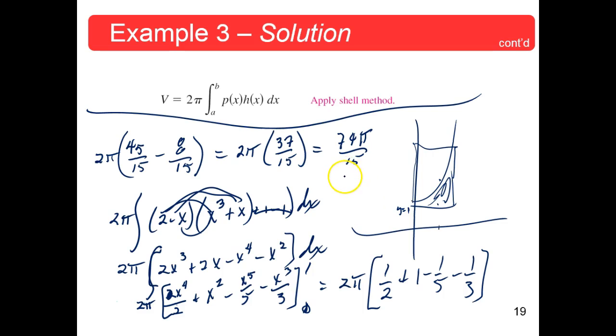So that would be 3/2 minus, and there was my, wasn't that 8/15 times 2 pi. So this would have been 2 pi times 45, is it? No, 15.